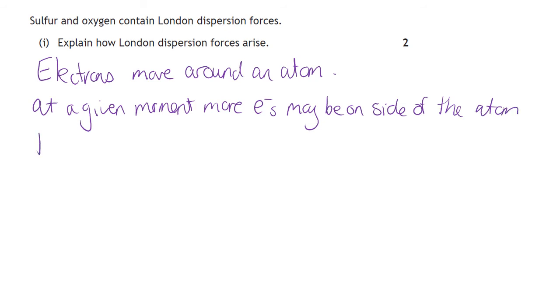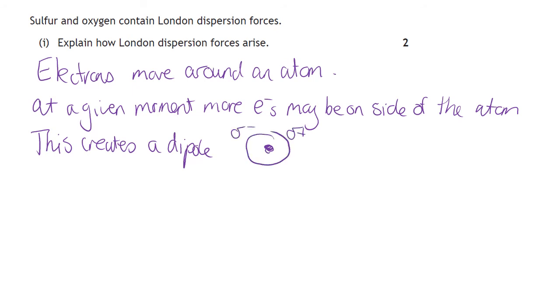So this creates a dipole. So we've got our atom. That means we can have a delta negative and a delta positive side.